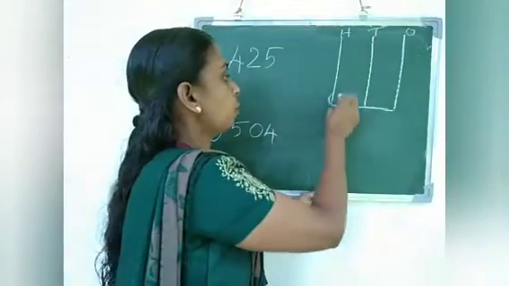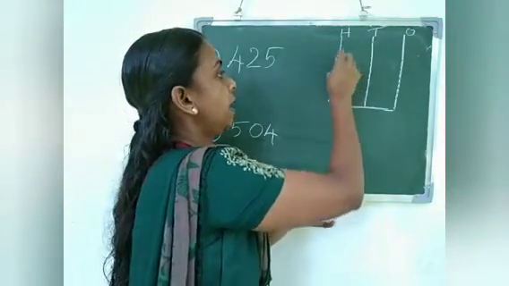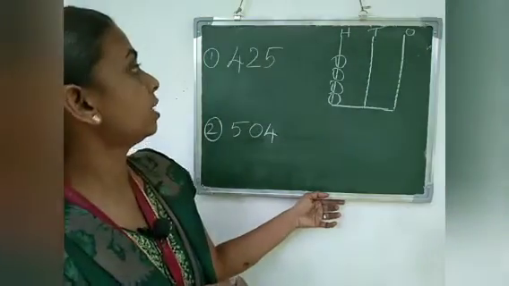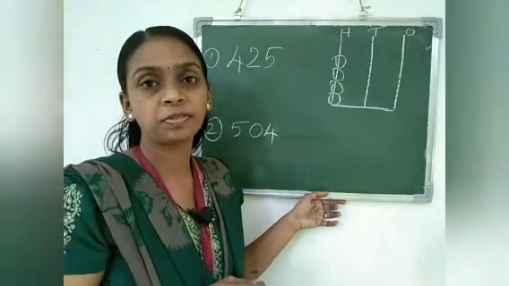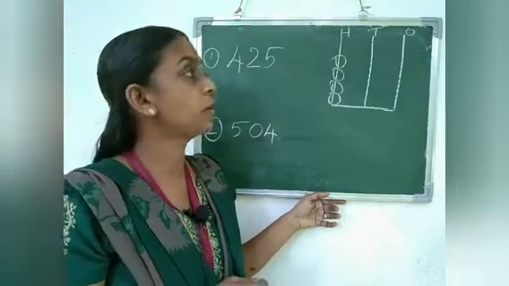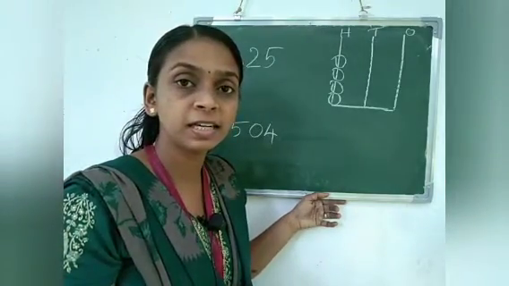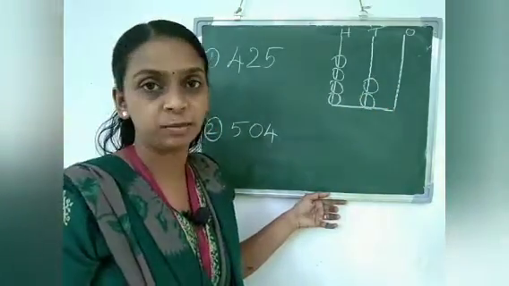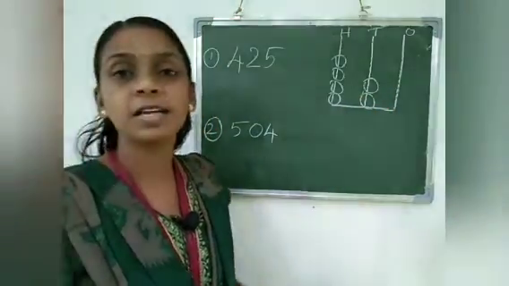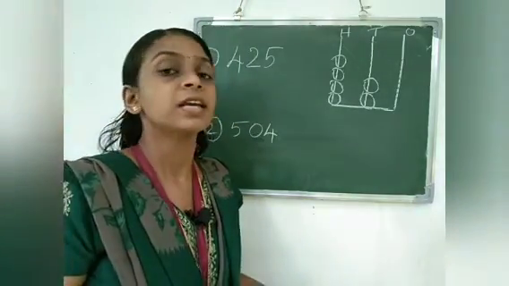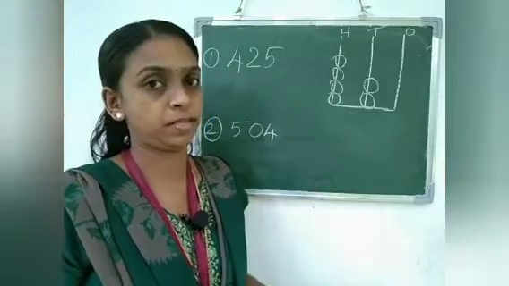And in the tens place, which is the number? The number is 2. So we have to draw 2 beads in the tens place. Next, last number, that is the ones place number. Which one is the ones place number? Yes, 5 is the ones place number.